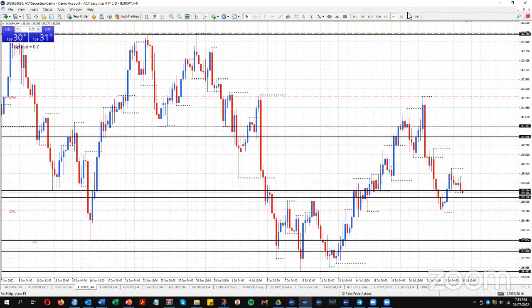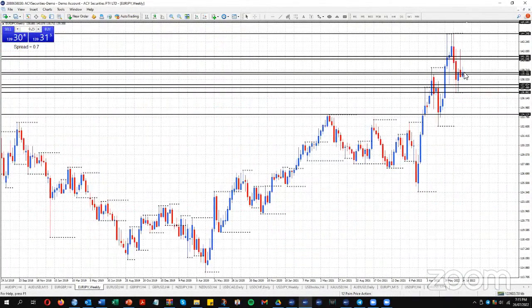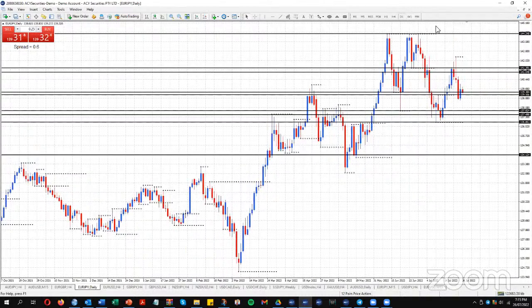On the weekly chart here, we've rejected up here, and 141.04 is a monthly top that we are holding at. If you've got a monthly chart, you'll see it. You can see that big weekly rejection candle there. Thursday, Friday, heavily sold off. We also failed at daily resistance here.